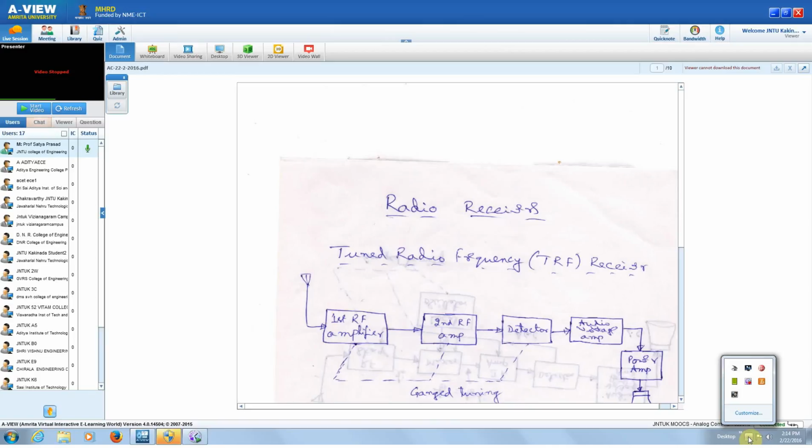Therefore in any receiver we have to have initially a tuned circuit to tune to the required frequency of the transmitter station that we are going to have. Normally the medium frequency transmitter frequencies range from 535 kilohertz to 1640 kilohertz.